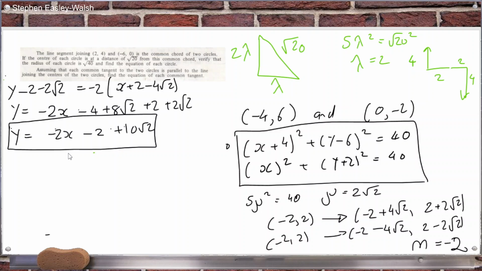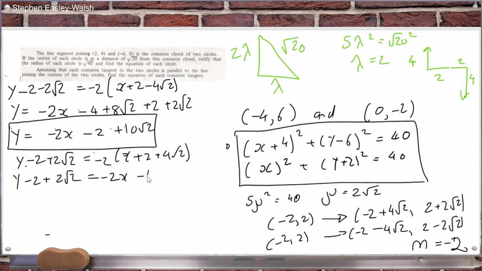Okay, and then the second one, the only difference is going to be with the signs. So the second one will be y minus 2 plus 2 root 2 equals minus 2 times x plus 2 plus 4 root 2. So that's y minus 2 plus 2 root 2 equals minus 2x minus 4 root 2.